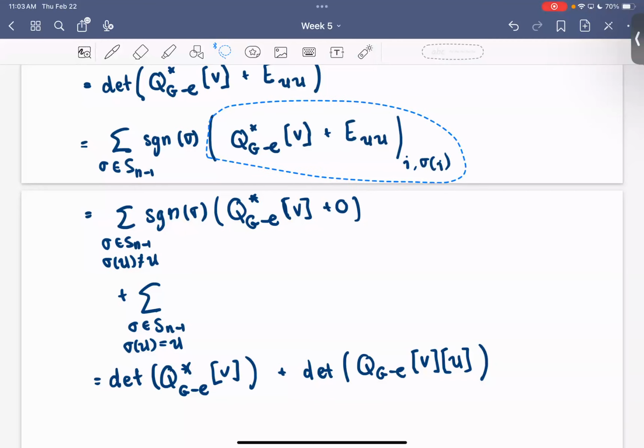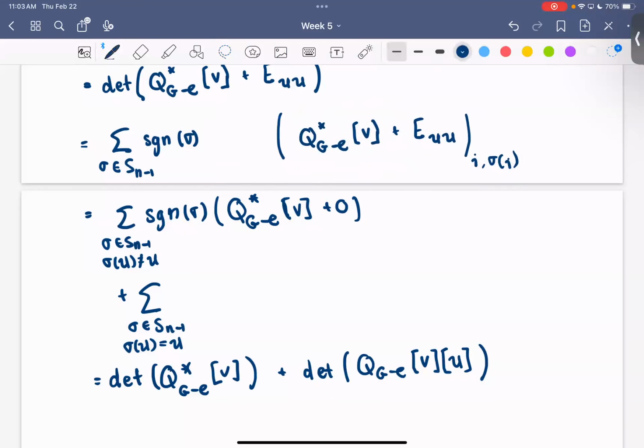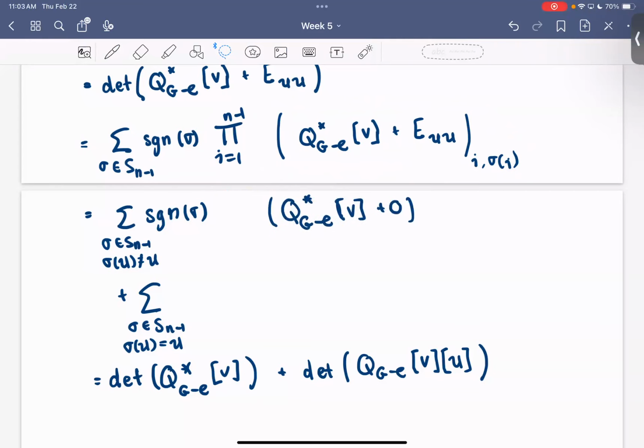We need the product over all the i's. Sorry about that. So then we're going to take the sign of sigma and the product as I goes from 1 to n minus 1.